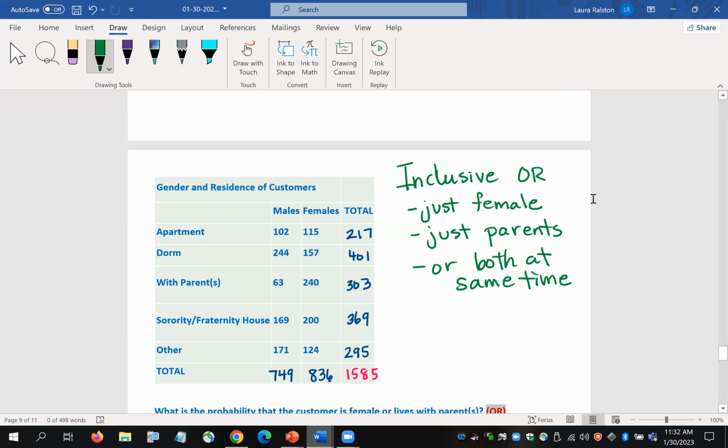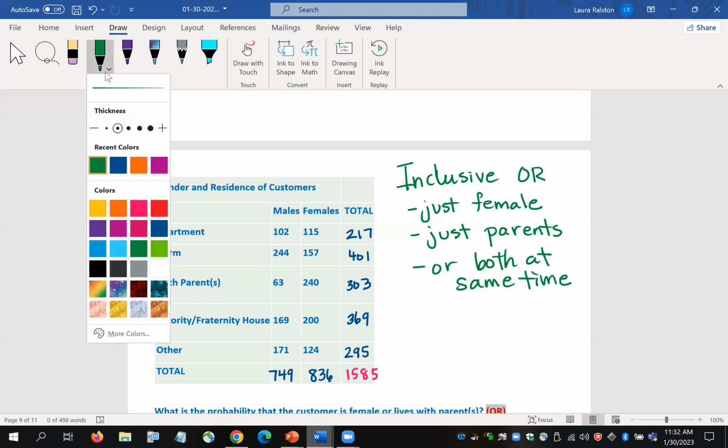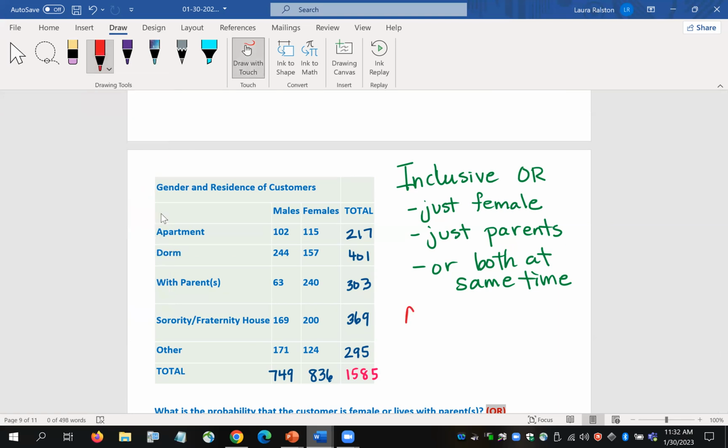But you have to be careful when you're looking at this contingency table, because if you're not, you could double count. You have to be very, very careful to avoid double counting something. Let me show you what I mean.